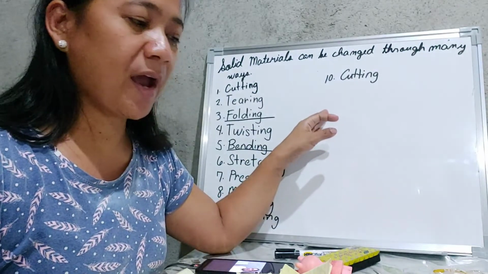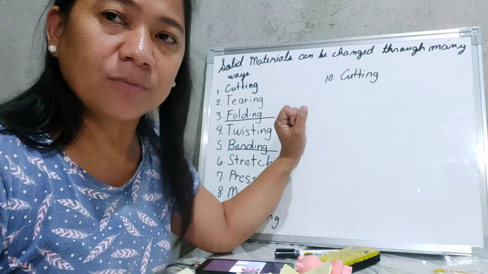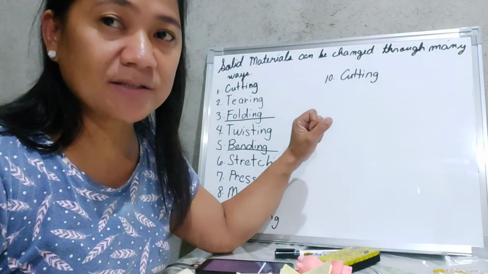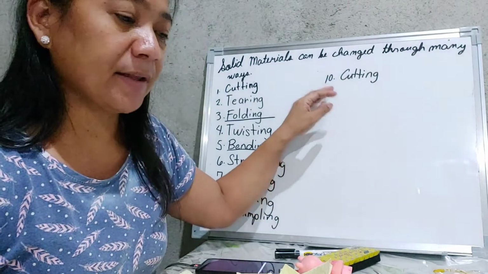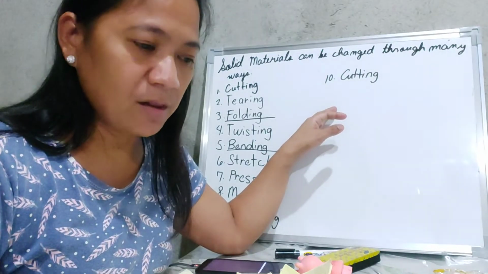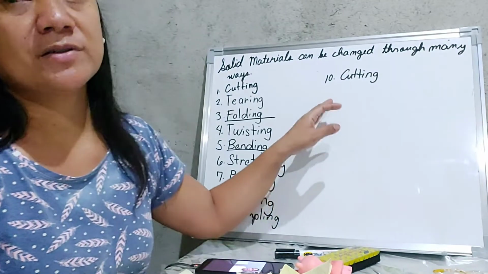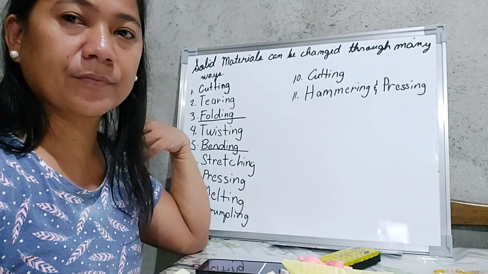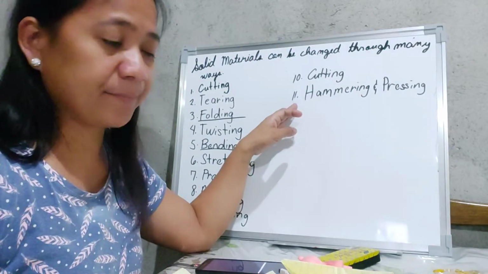For example, wood is cut into pieces using a handsaw, lagare. Paper can also be cut using scissors. Vegetables are cut into pieces using a knife. So that is cutting.